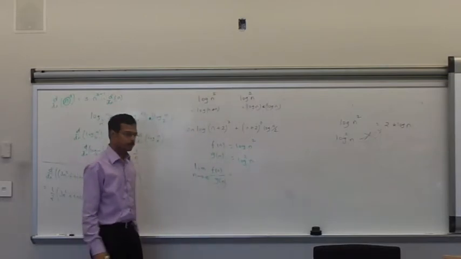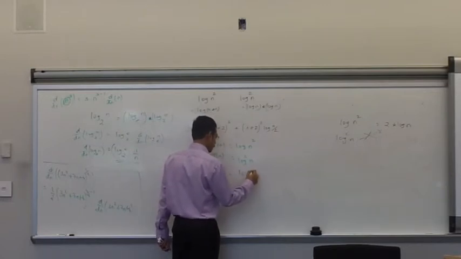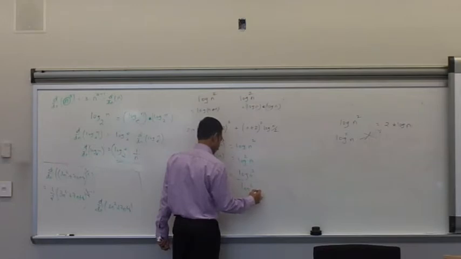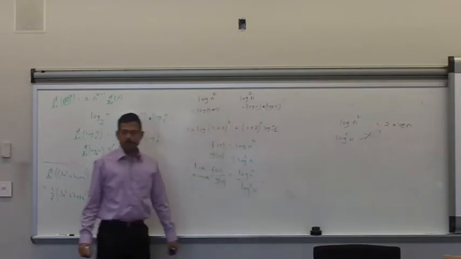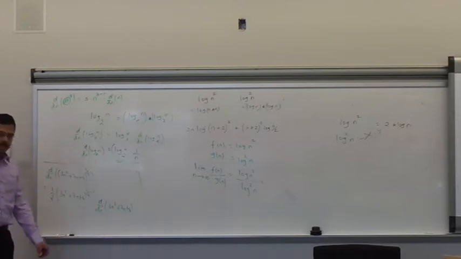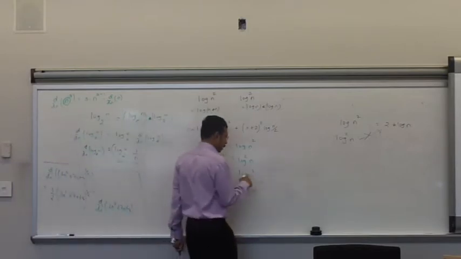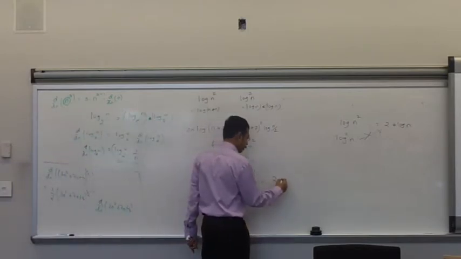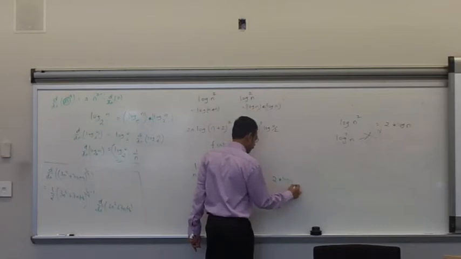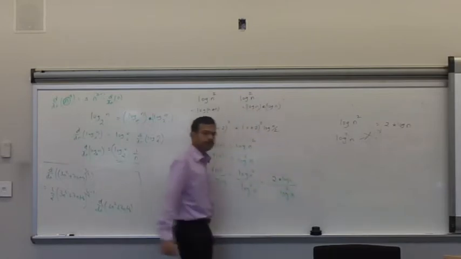Log n squared over log squared n. So before you apply the limit, of course you'll get infinity over infinity, right? But using what I said, you can try to simplify that. Log n squared can be written as 2 times log n, and my log square n remains the same.